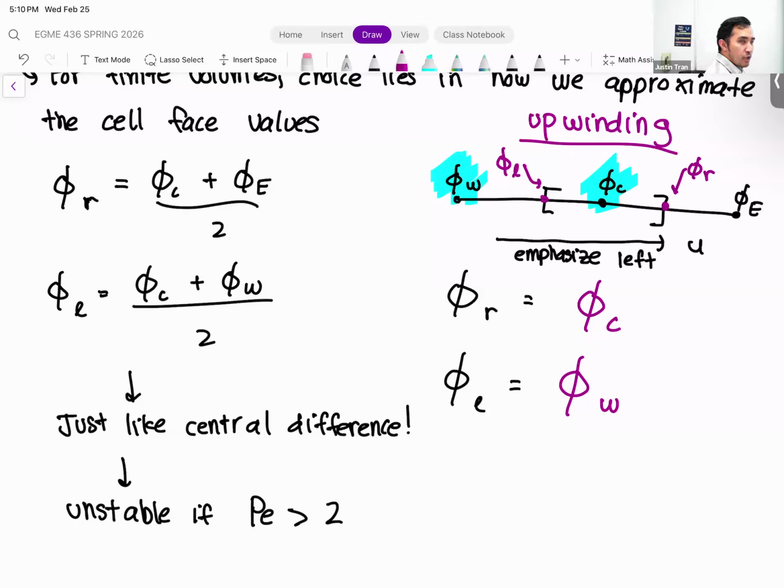Now, of course, this is a little bit extreme. We went from taking the average between the two to just saying forget the other one; we're going to choose one side. From here, I think it's even more obvious that upwinding is going to be a lot less accurate than the central scheme, because instead of taking the average between these two values, we're approximating it using only one value.